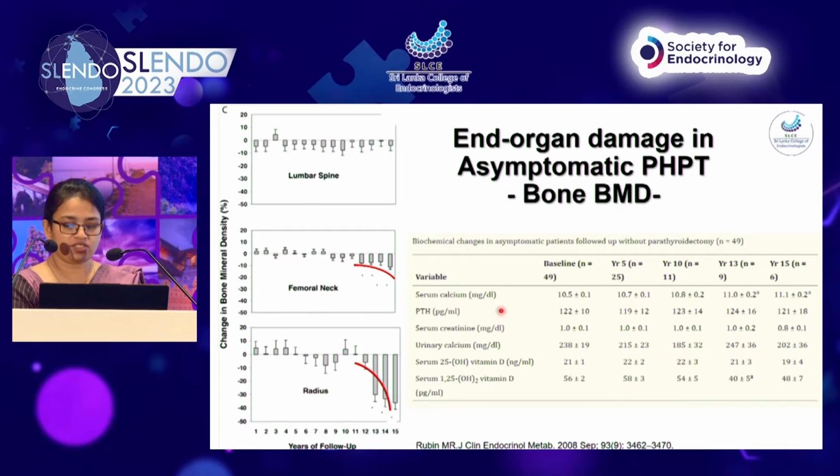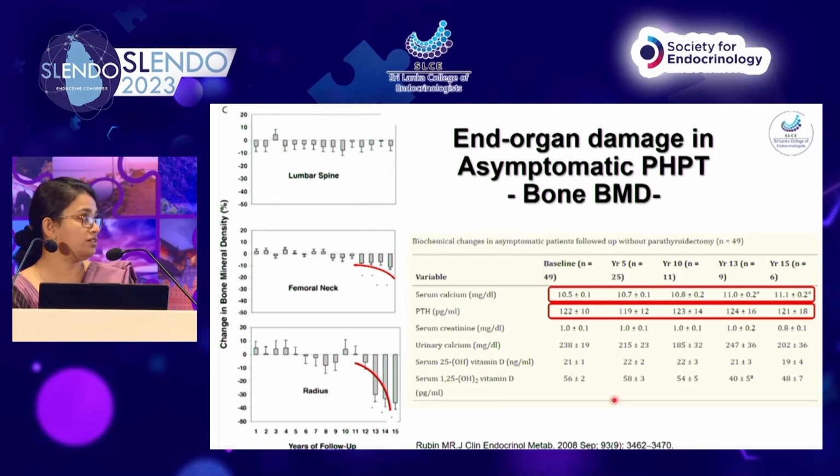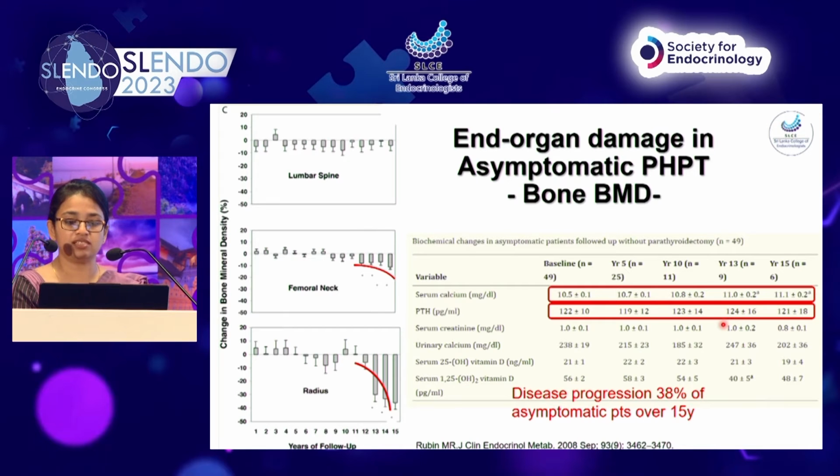If you just concentrate on this table, this is a study which ran through 15 years. You may see that the mean calcium levels had been relatively static over the years in these asymptomatic hyperparathyroid patients, as was the PTH level. But when we went into details, there had been a disease progression in 38% of asymptomatic patients over the 15 years.